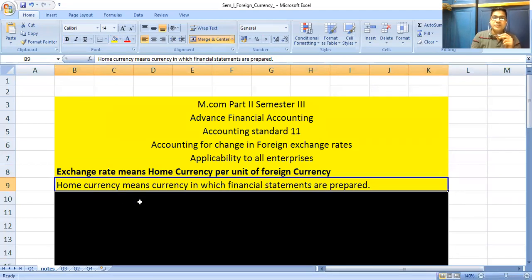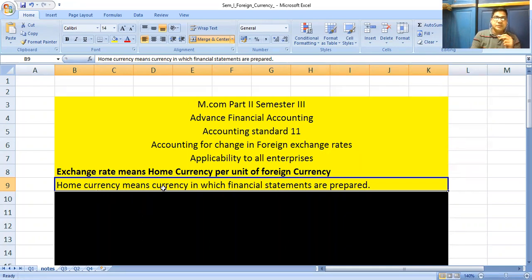Now, what does home currency mean? Suppose I am living in India. Indian currency is the rupee, and I am doing business in India. The home currency is the rupee. Whenever I am doing business, I am recording the books of records and preparing the financial statements in my home currency, that is rupees.